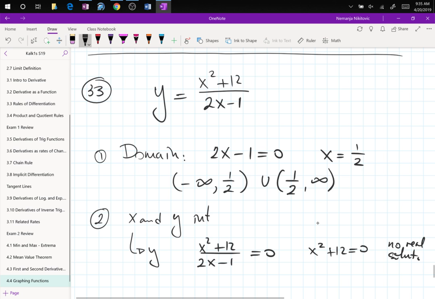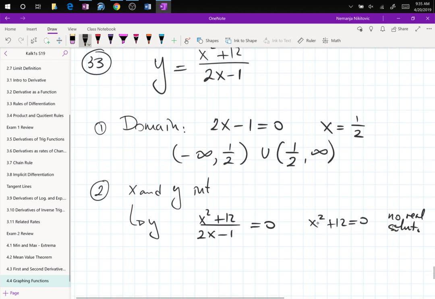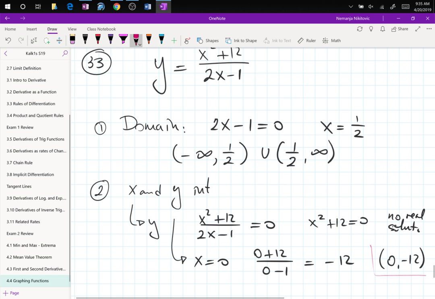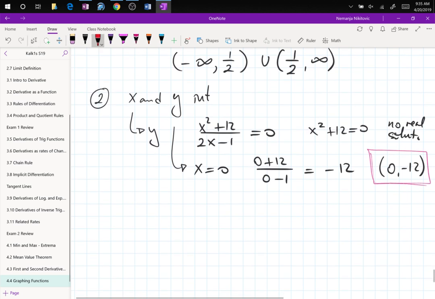No real solution because you have x squared equals negative 12, and then you take the root of that, which will give you i's. But for the y-intercept, you set x equal to 0, and that's going to be 0 plus 12 divided by 0 plus 1, which is 12. So we do have the point 0, 12 as the y-intercept. And that's the point that we are going to box, because we are going to plot that point and draw the graph through it.